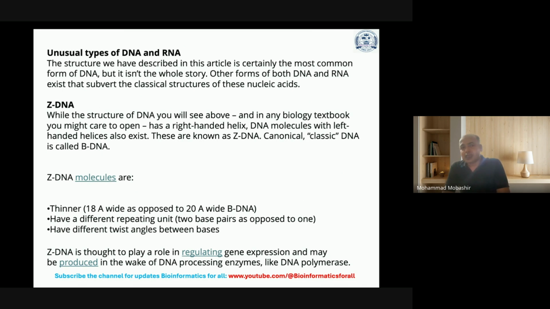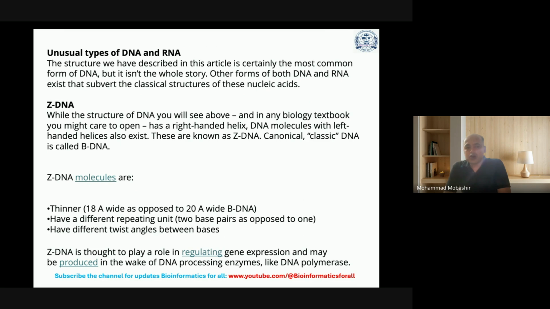Here, ZDNA. The structure of DNA you will see above and in normal biology textbooks is a right-handed helix DNA molecule, but left-handed helices also exist. These are also known as ZDNA. Canonical, classical DNA is called BDNA.